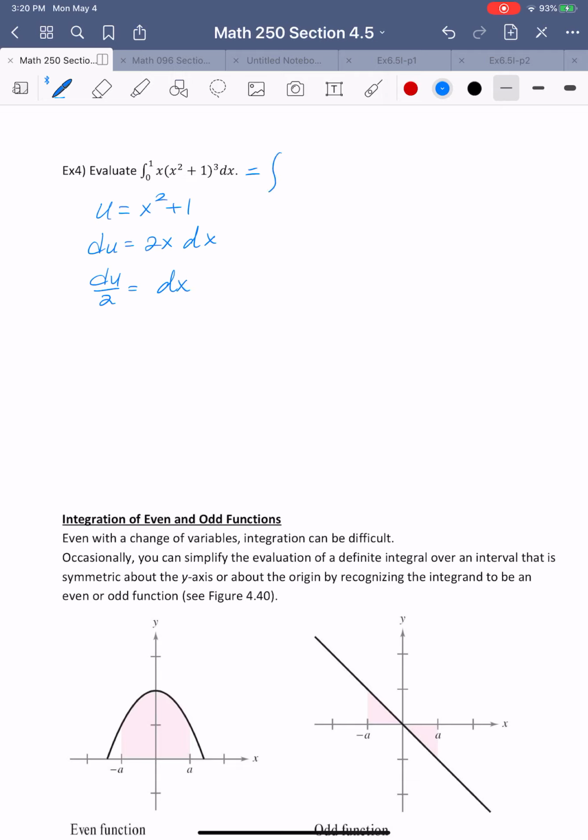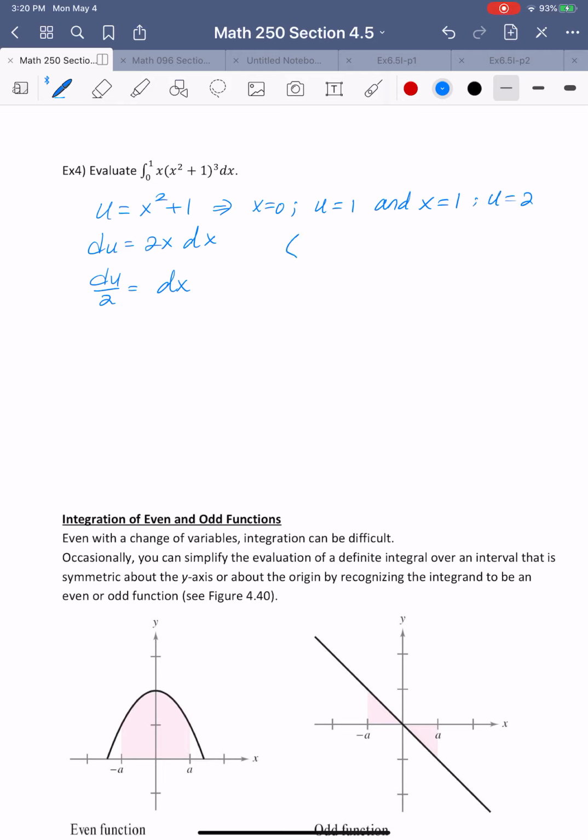Here I use the limits 0 to 1, and since we're converting to u, let's do the limits first. When x equals 0, u is going to be 1, and when x equals 1, plugging it in, u equals 2.